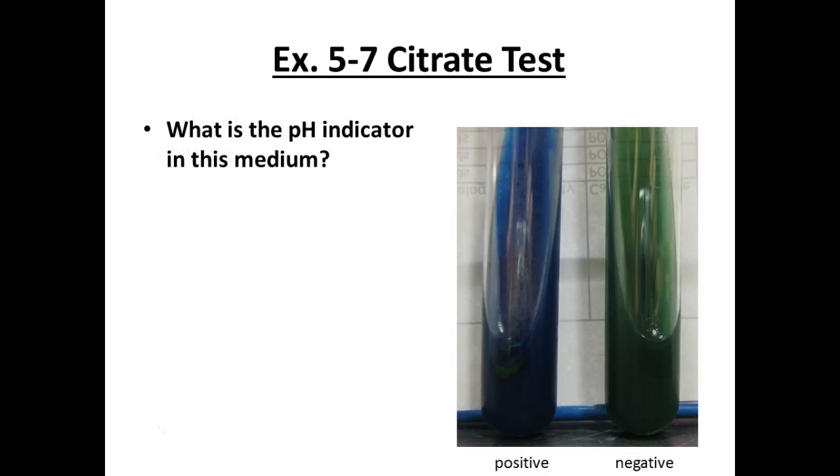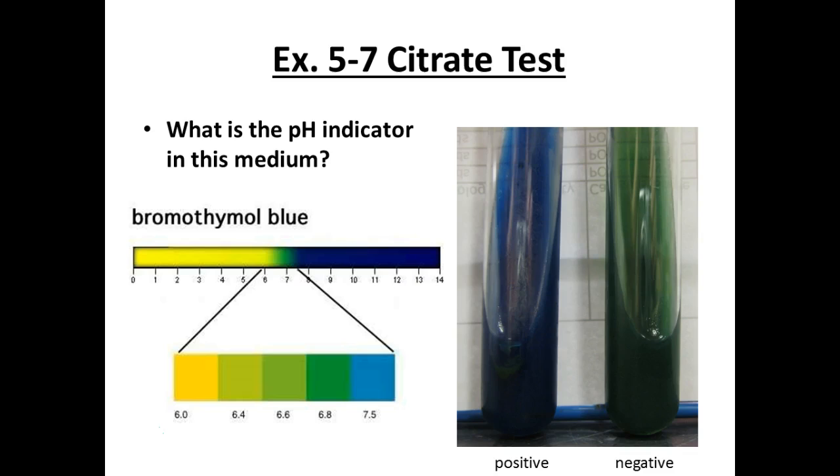What's the pH indicator? Bromothymol blue. So this particular one, when it gets above neutral, when it's in the basic or alkaline range, is going to turn blue. And this is because of them utilizing the ammonia source, producing ammonia from the nitrogen source, which they can't do if they're not utilizing the citrate, right? You need a carbon and you need a nitrogen.